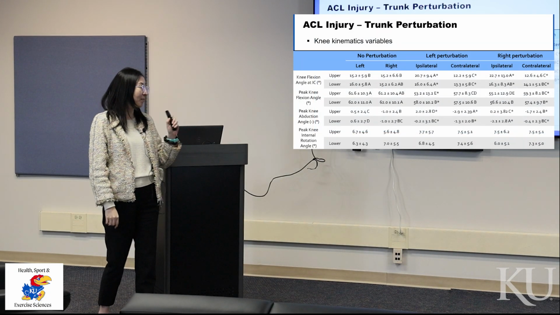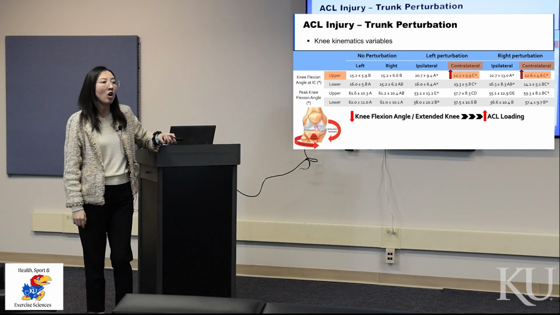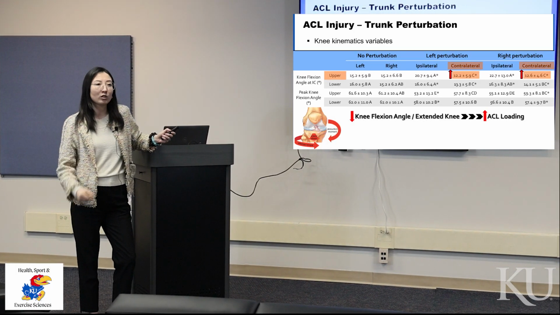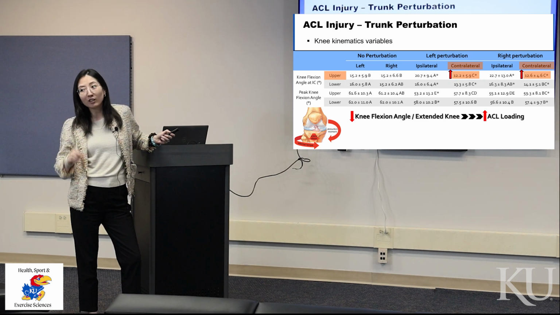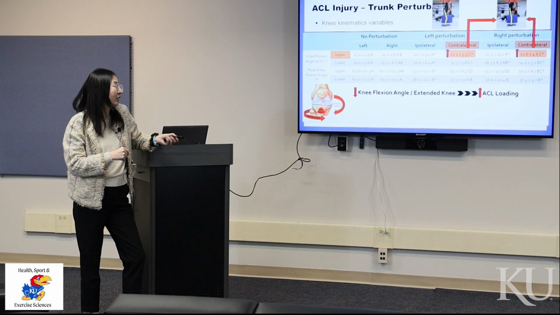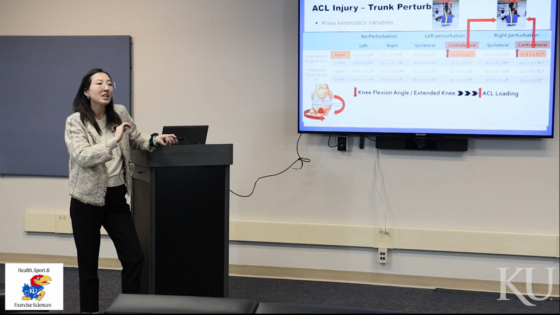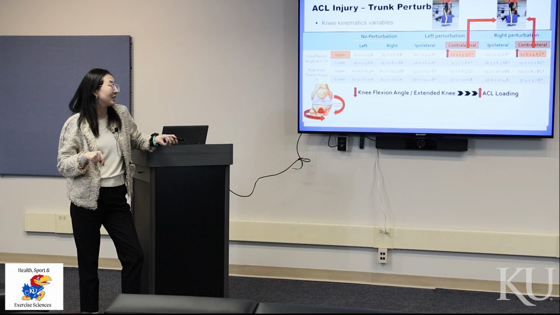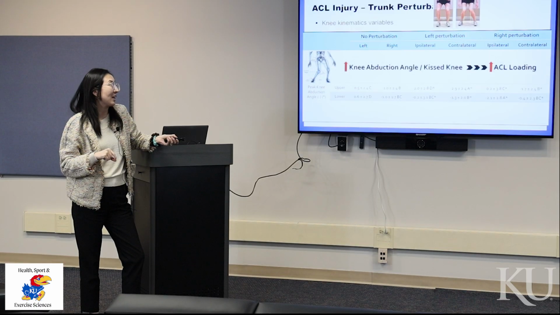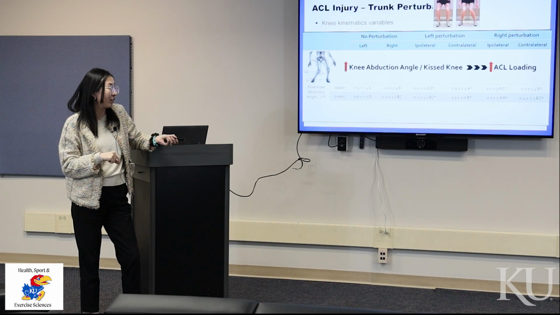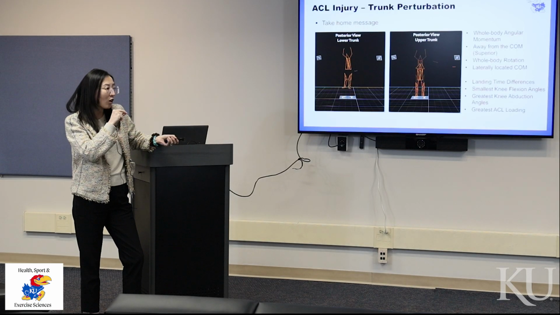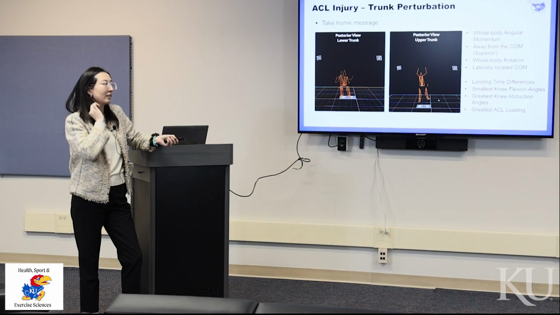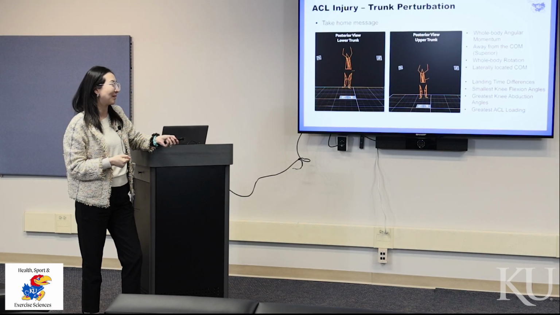And in terms of the biomechanical variables, the contralateral side means the opposite side of the landing leg relative to the perturbation's direction. When the perturbation happened, the contralateral leg had a limited knee flexion angle as well as greater knee valgus position. Those are all associated with greater ACL loading variables. Some take-home messages: we are not trying to get you into all those numbers.